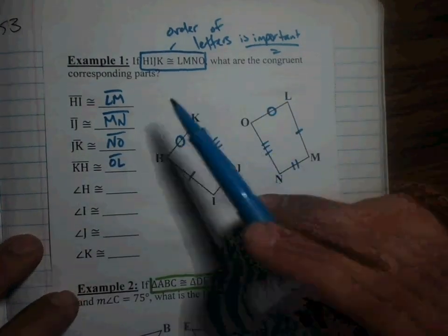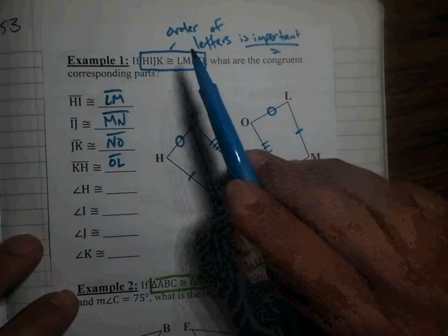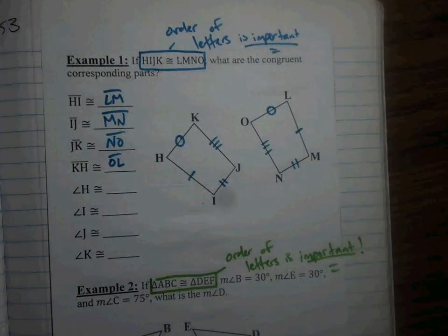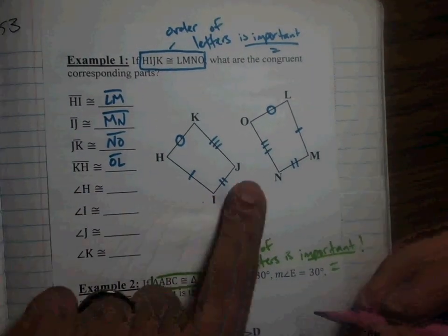So, pretty straightforward. Find the congruent corresponding pieces, but also the order is important, so that's what you have to learn. We're also talking about the angles. This one's a little bit easier because it's the same order.